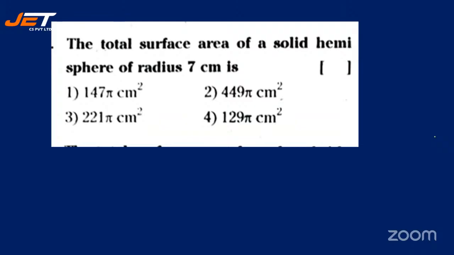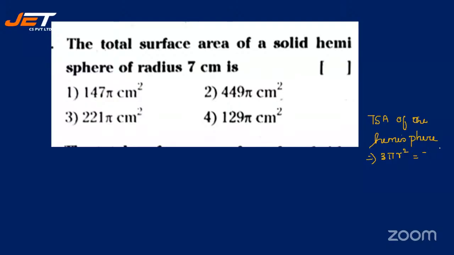Isn't it? So the TSA of the hemisphere is 3 pi R square. What is the curved surface area? That is 2 pi R square.